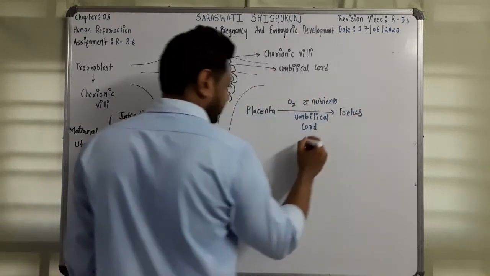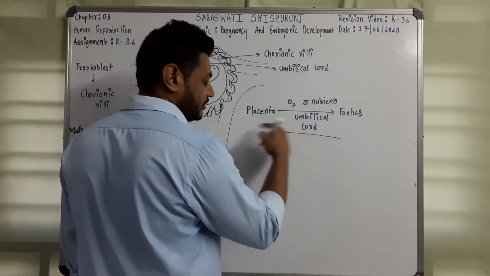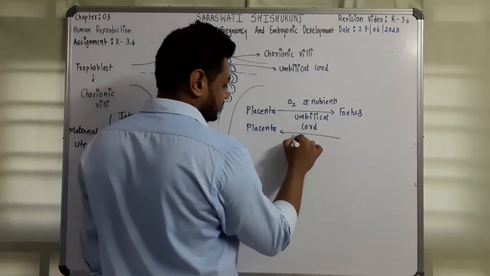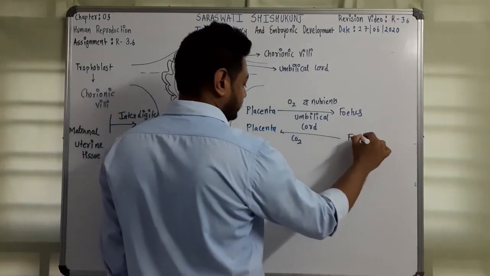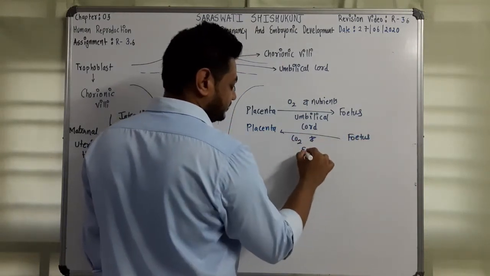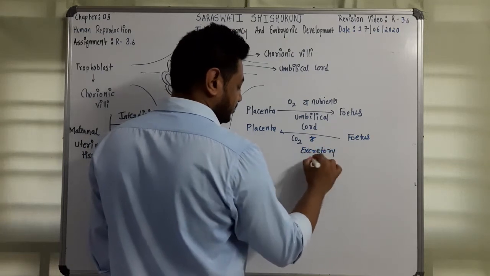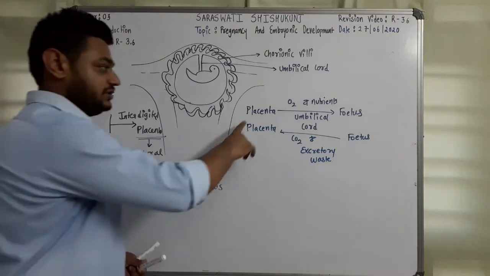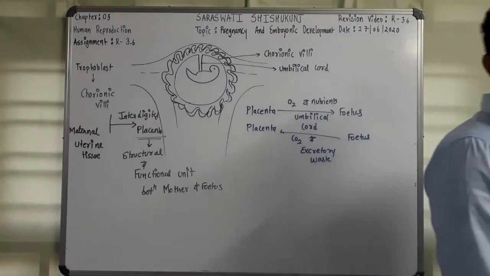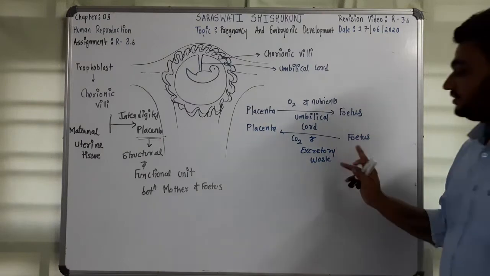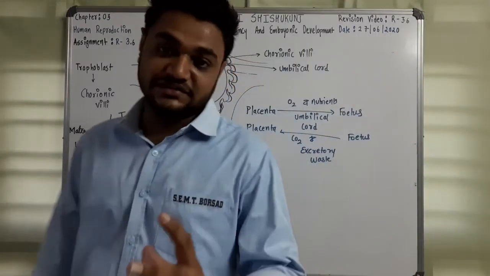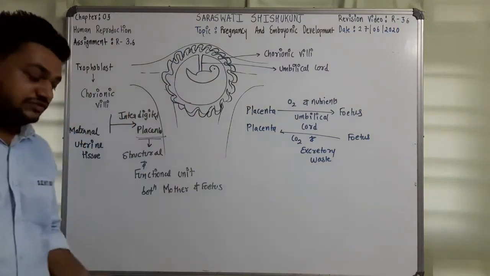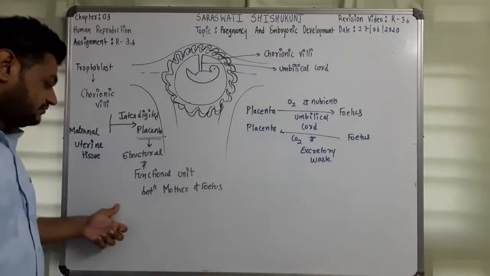In return, the fetus provides carbon dioxide and excretory waste via the umbilical cord to the placenta. These things are transported back. Remember, this is very important. It transports oxygen and other nutrients to the fetus, and from the fetus CO2 and excretory waste are transported to the placenta.